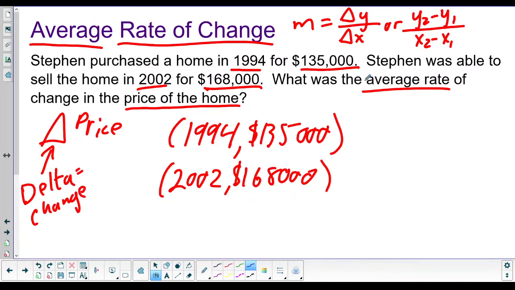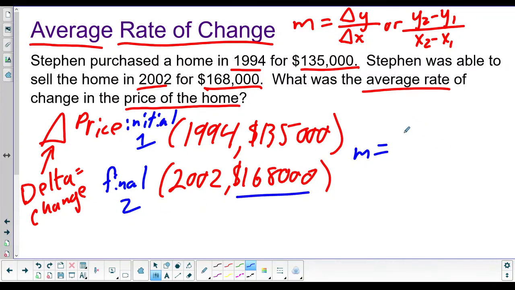Where it says y2, x2, that's usually your final, so we'll call this one point 2, and our initial, or starting value, we'll call point 1. So our formula is y2, so we go to point 2, take the y value, 168,000, minus, this minus sign is part of the formula.